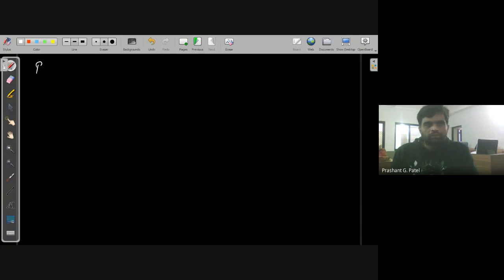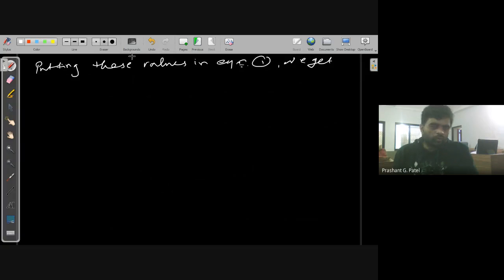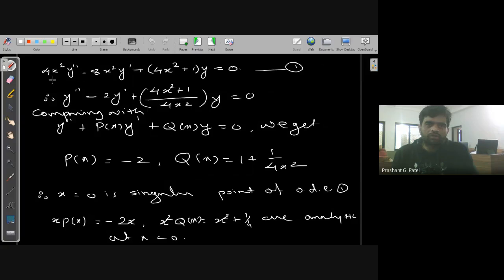So putting these values in equation 1, we get 4x square summation n running from 0 to infinity. You can just see what our equation 1 was: 4x square into y double dash.